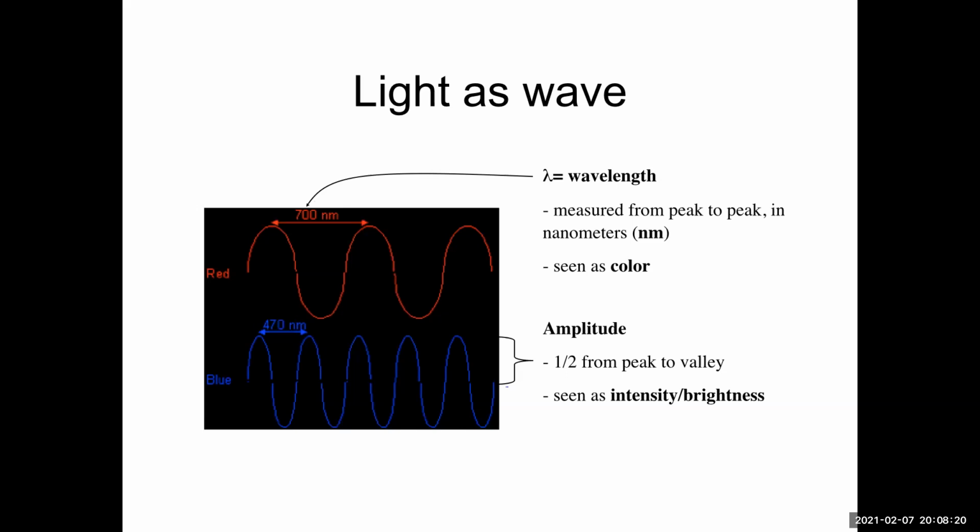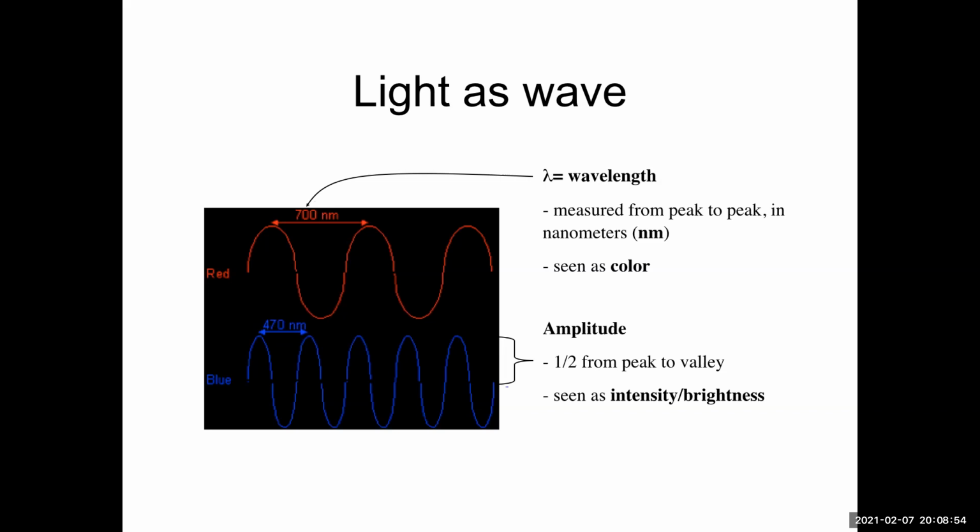And if you measure the distance from one peak to the other peak, it has a certain length. That length is known as the wavelength, the length of the wave, and we process it in our eyes as color. So we register it as color. Blue light has a different wavelength than red light, for instance, and the length is actually nanometers.